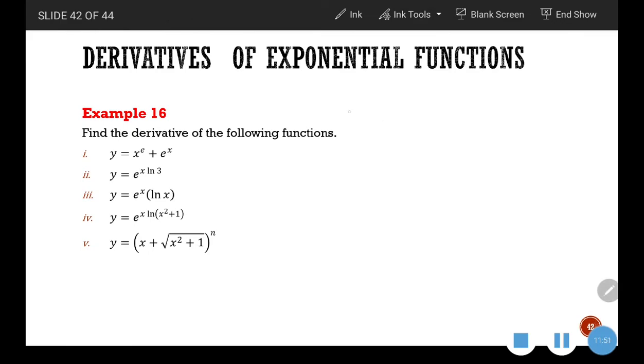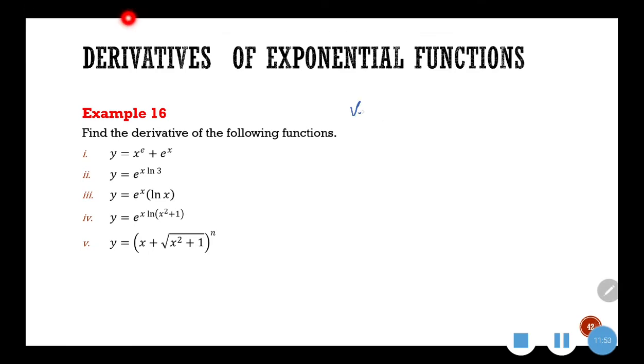Okay, so for example number 5 here, the function is y equals x plus square root of x squared plus 1, everything to the power of n. So if we look at the function here, the power, is it a constant or a variable like we have here? Okay, so as you can see here, sebenarnya is a constant.